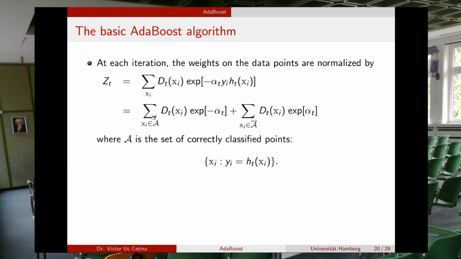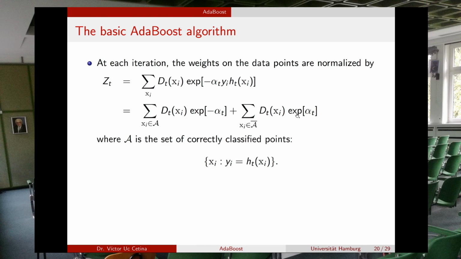In this part on the left, we are computing the sum, but for the examples that are correctly classified. This stylized A refers to the set of correctly classified points. And we saw that for the correctly classified points, the exponential that we compute is minus alpha.